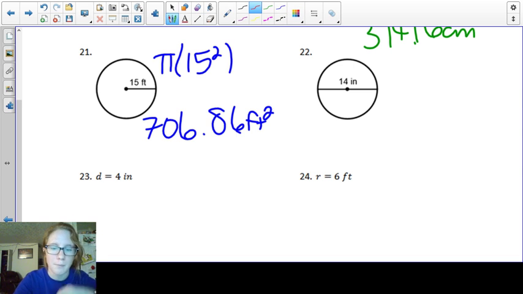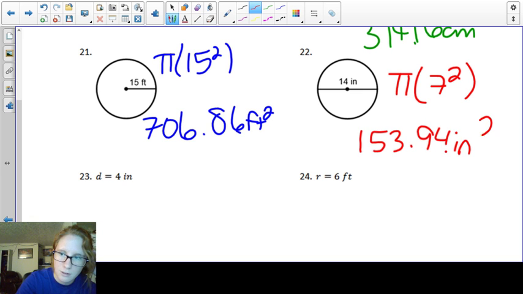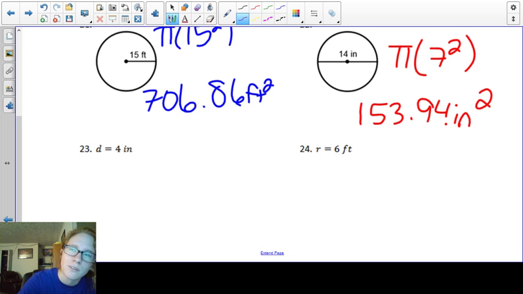I need my radius in this next one, so that's going to be 7. So I need pi times 7 squared, which is 153.94 inches squared. Because remember, we're finding area, so all of these are squared.